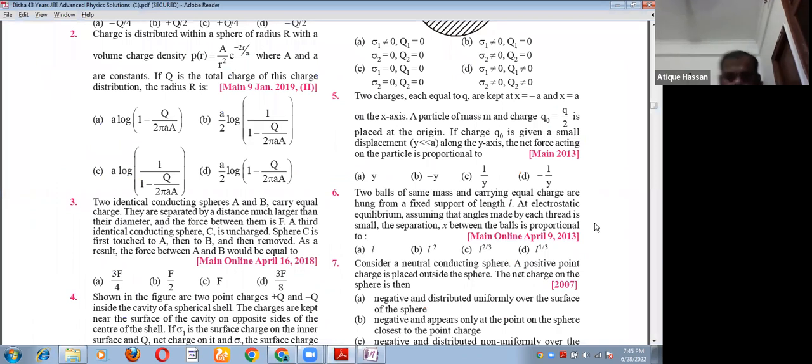So both of you got it. Now move to question number 6. So we have solved question 5, which was JEE. Now move to question number 6.